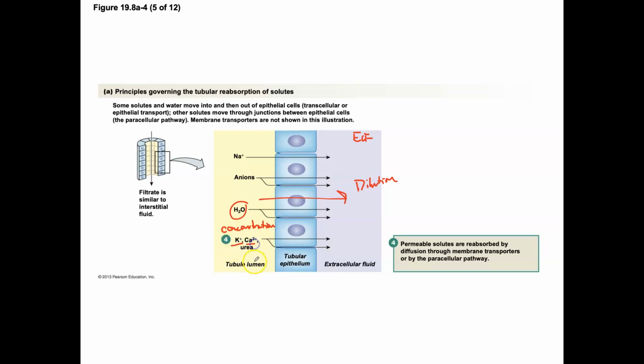And so as certain electrolytes and certain molecules, even including some waste like urea, become more concentrated, those potassiums, calciums, they're able to move across the epithelial cells and thus be reabsorbed into the extracellular fluid. So even though we're trying to get rid of urea, there actually is some reabsorption of urea into the extracellular fluid as it diffuses across the epithelial cells.